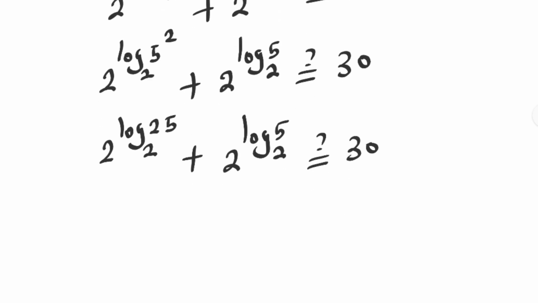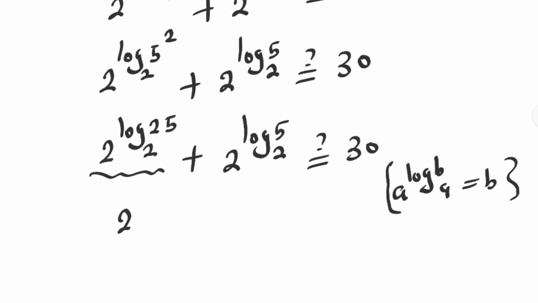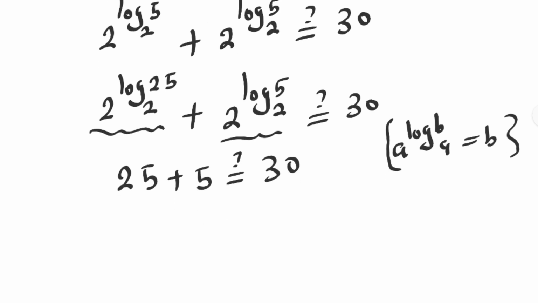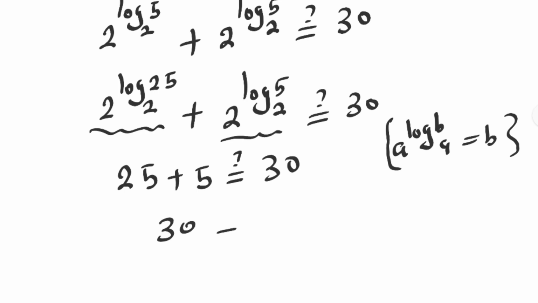Now take note of this, that if you have a raised to power log b base a, according to the law of logarithm, this is equal to b. So the whole of this is 25 plus the whole of this is 5 must be equal to 30. Therefore, the left hand side, 25 plus 5, this is 30, is equal to 30, which is true.